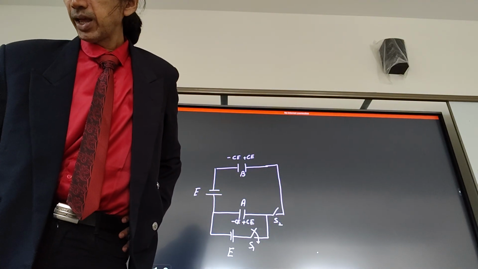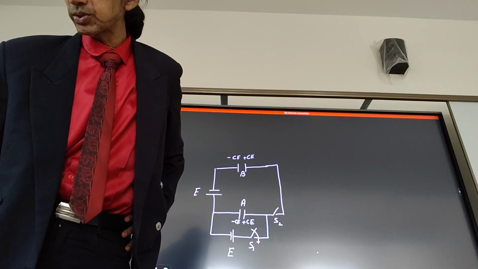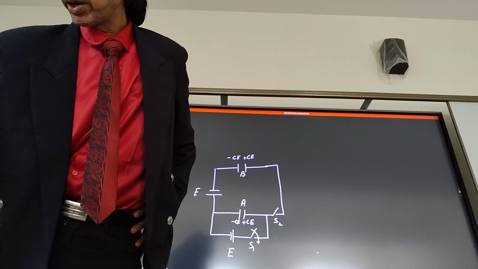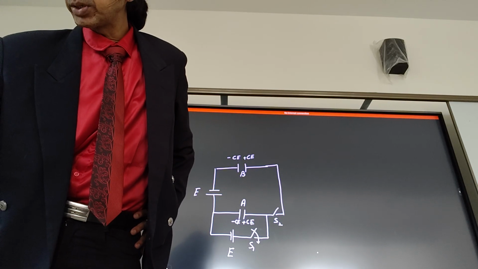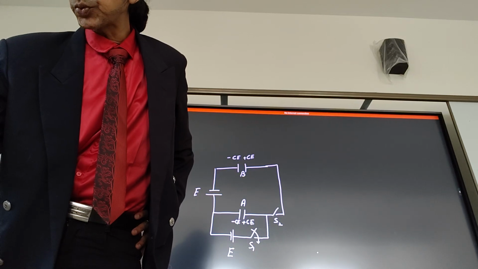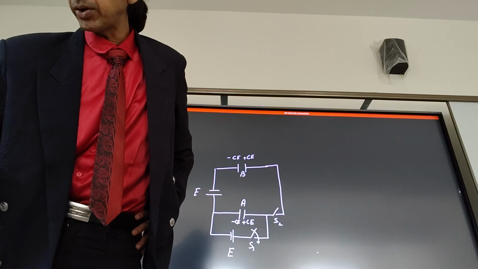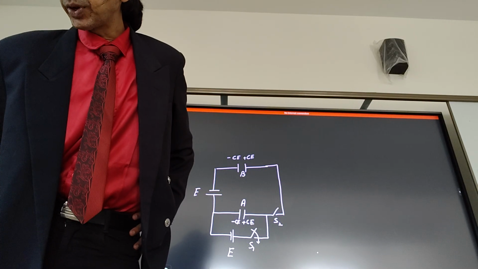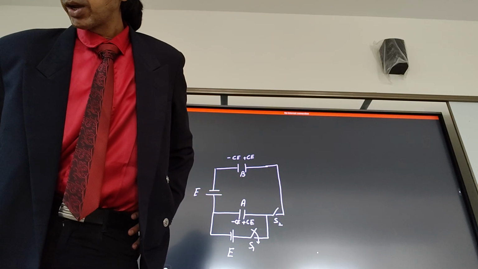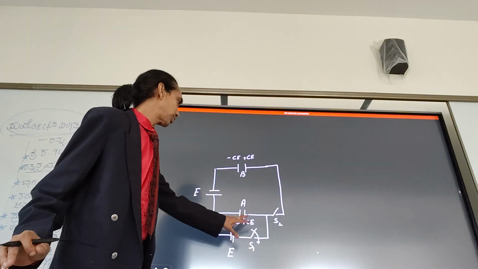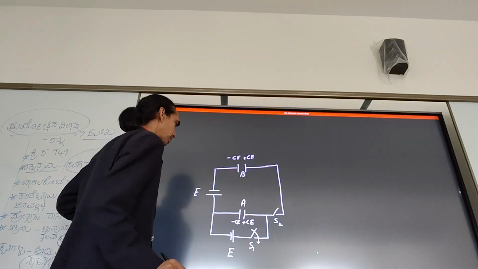Then what you have to do next: S1 is closed, S2 remains open till the charge from the battery stops. In the first case, this being done, what do you do next?